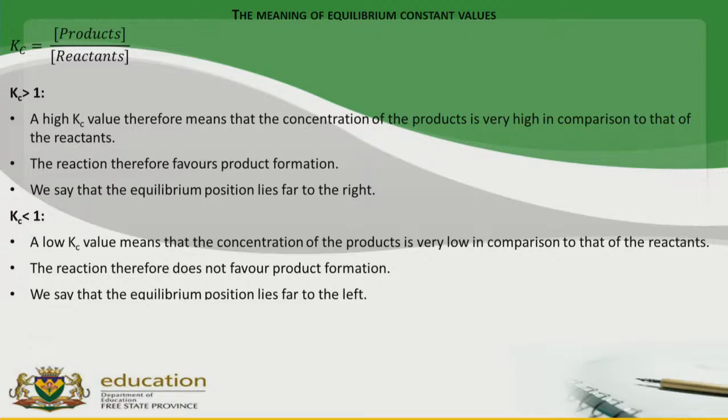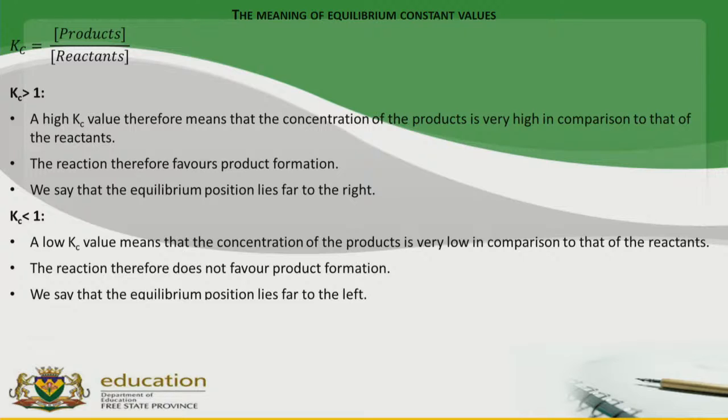So a reaction that has resulted in a Kc greater than 1 has its equilibrium position lying far to the right, because there's more concentration of products than of reactants. Now, when the Kc value is less than 1, or when we have a low Kc value, it means the concentration of the substances on the left-hand side, the reactants, is greater than the concentration of the substances on the right-hand side, the product.